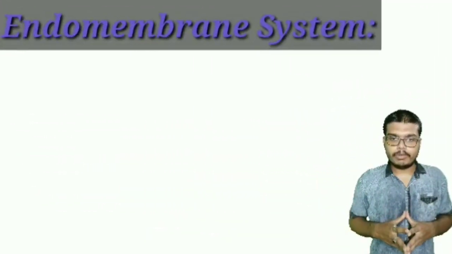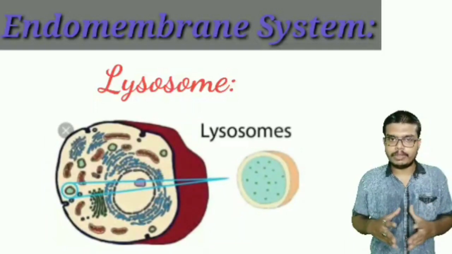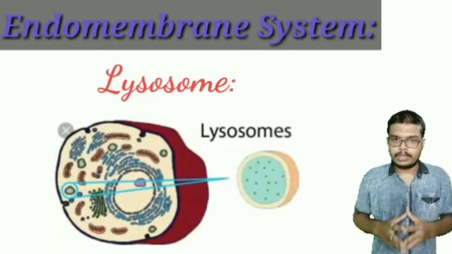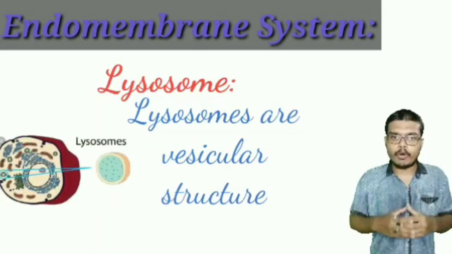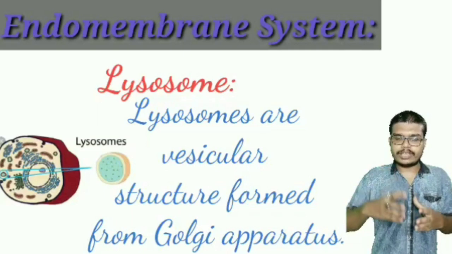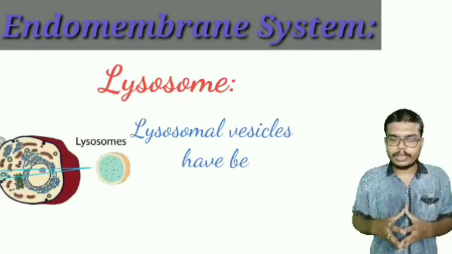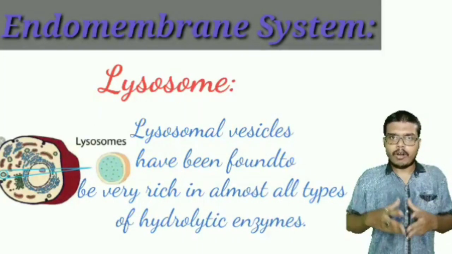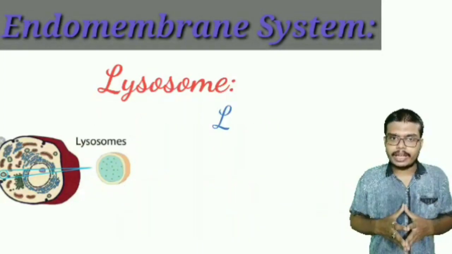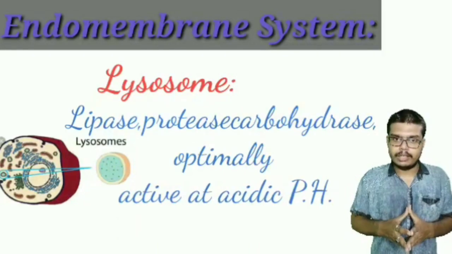Now I will discuss the next organelle of this endomembrane system, that is the lysosome. These lysosomes are vesicular structures formed from the Golgi apparatus. They contain enzymes with acidic pH, hydrolytic enzymes that help in the digestion of the whole cell.